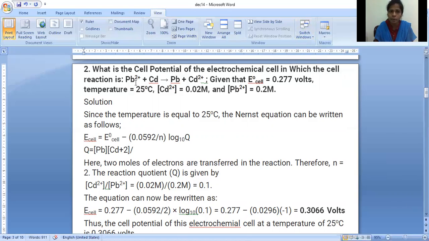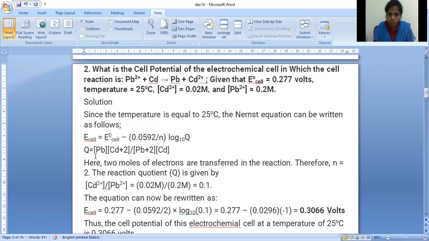What are the reactants here? Pb plus 2 and Cd. So Q is equal to product concentration divided by reactants concentration.